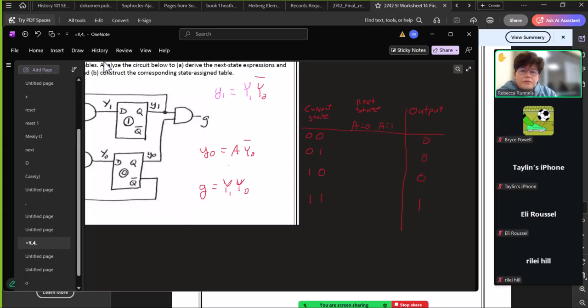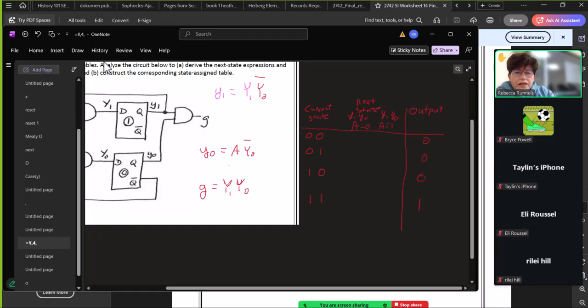Okay, so this is going to be in the order y1, y0, and Y1, Y0. Y1 doesn't depend on A at all.